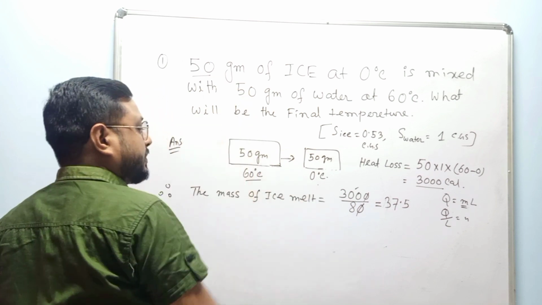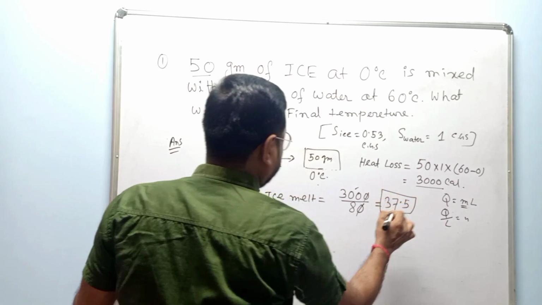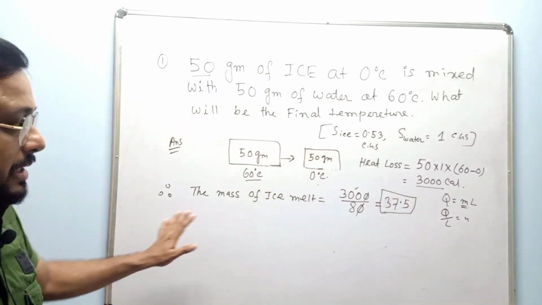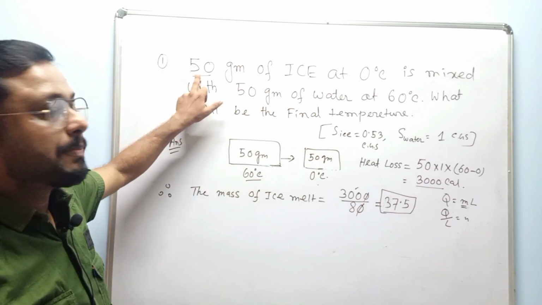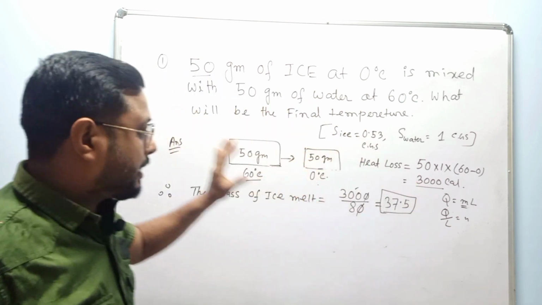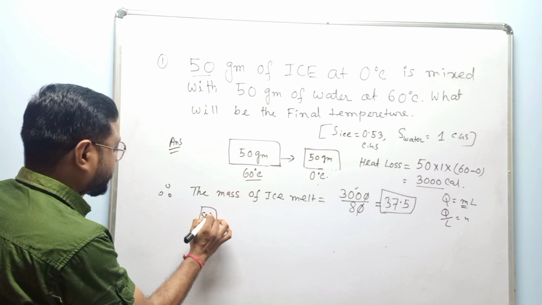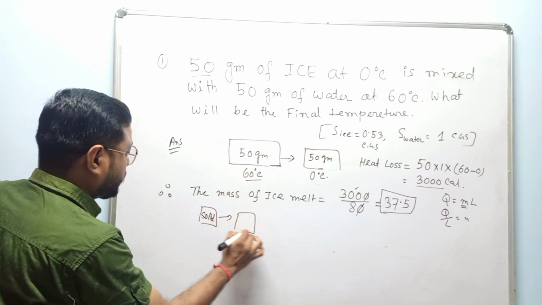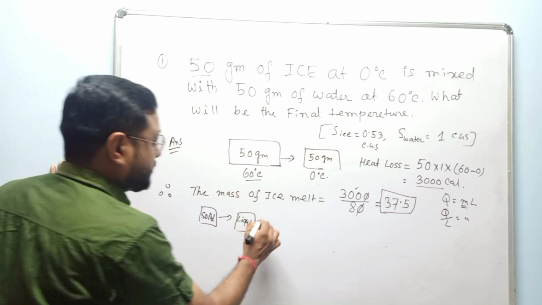37.5 gram. 37.5 gram ice is melted, but the ice is 50 gram. We know that when the total solid does not completely turn to liquid, its temperature remains fixed.